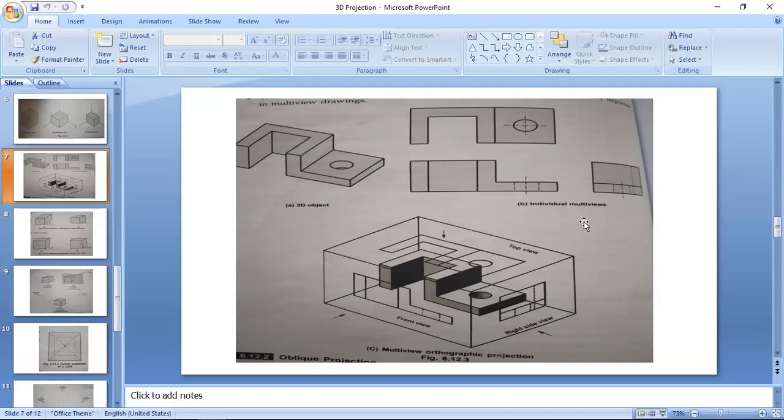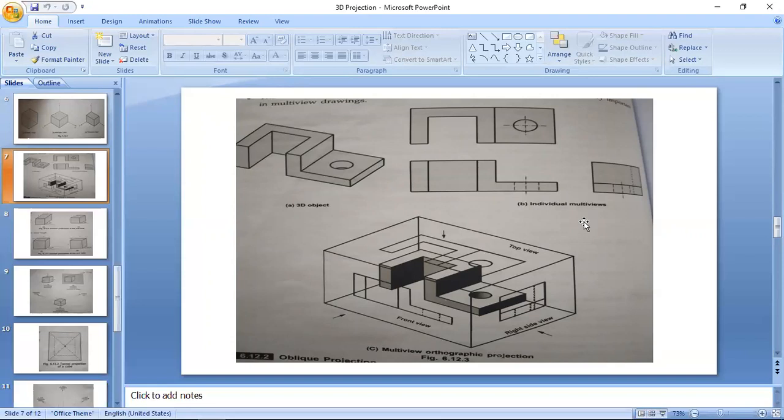Okay, consider if it is a cube, then only two faces will get projected on the view plane, which is a two-dimensional view plane. Consequently, no individual view contains sufficient information to completely define the shape of the three-dimensional object.